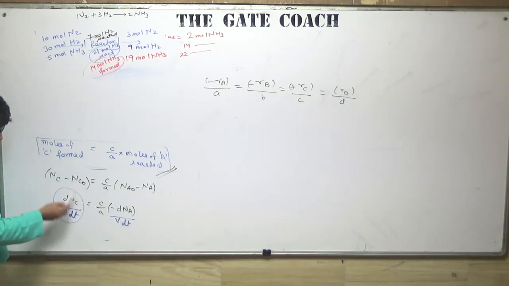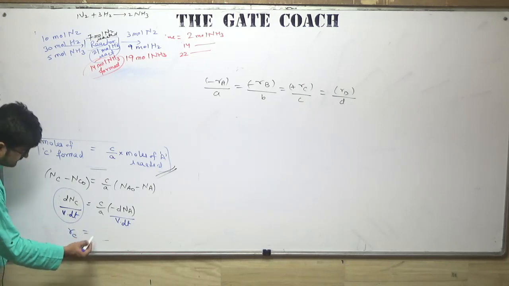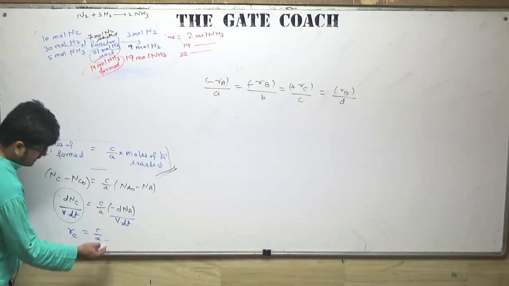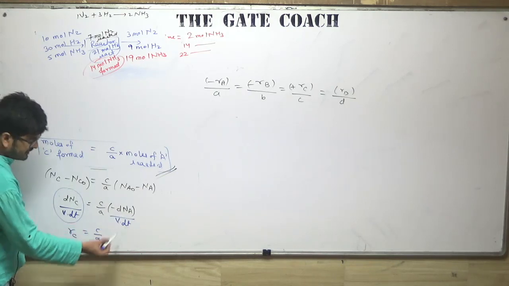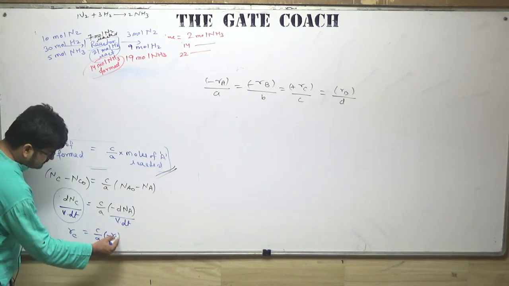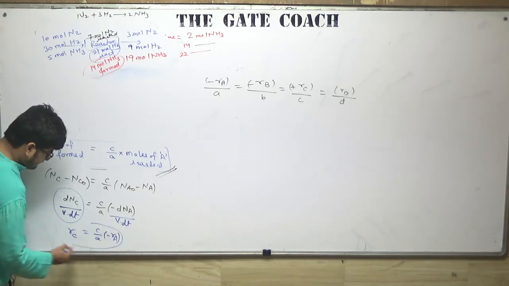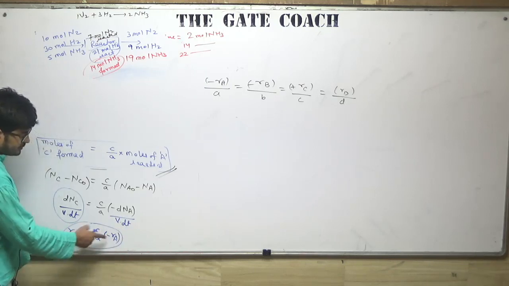So 1 upon V, dNC over dt is Rc, and minus 1 upon V, dNA over dt can be written as minus Ra. So you can see Rc over C equals minus Ra over A.